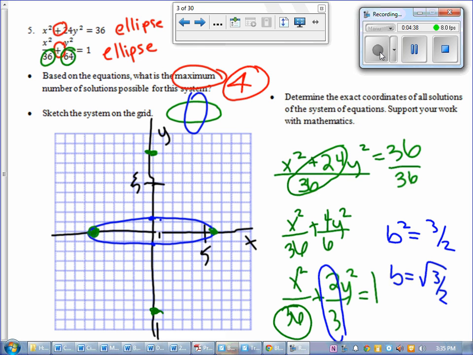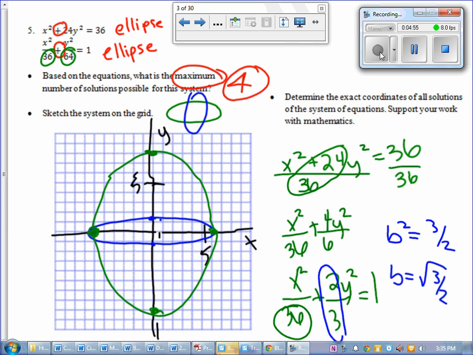And then once I have those points, I'm going to connect them with an ellipse. So I can see from my graph, I don't actually have 4 solutions. I only have 2 solutions.